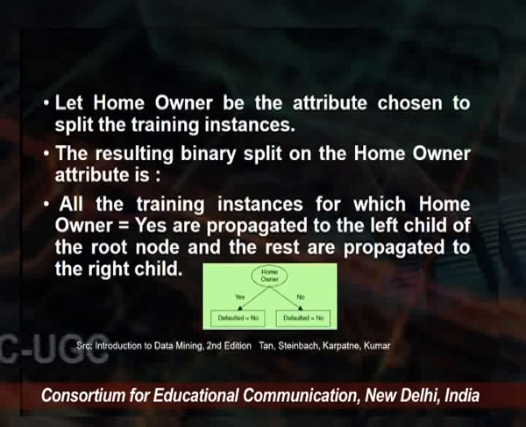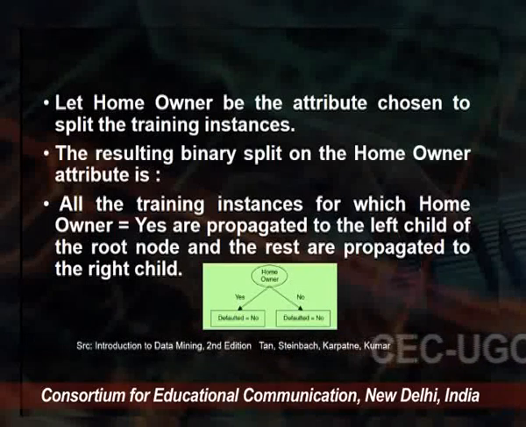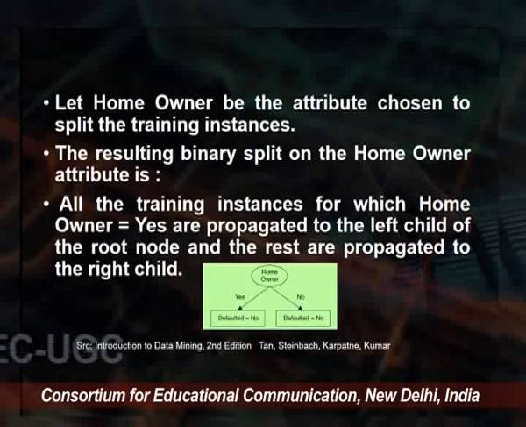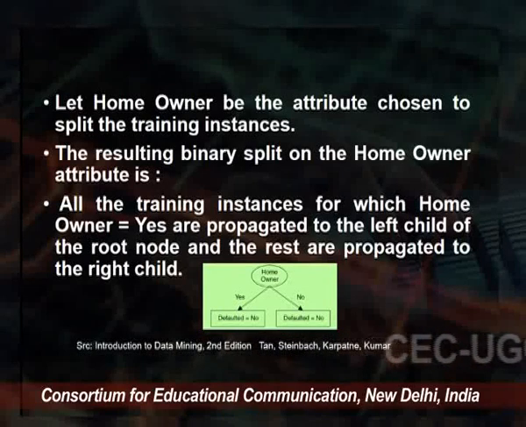The result will be a binary split on the homeowner attribute, that is, whether they are homeowners or not homeowners, and based on that, we will assign the class defaulter is equal to yes or defaulter is equal to no.